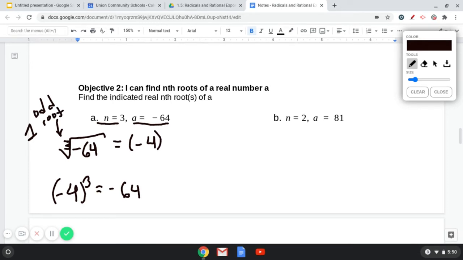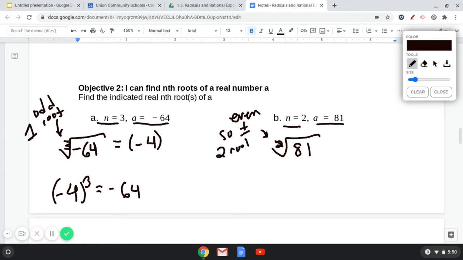Now, part B, n is 2, a is 81. That means we are taking the square root of 81. All right, class, this is even. The index of the radical is even, so we're going to see an answer that has a plus or minus. So we're going to end up with 2 roots.